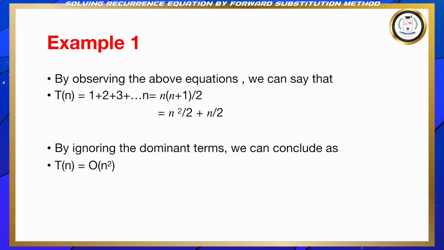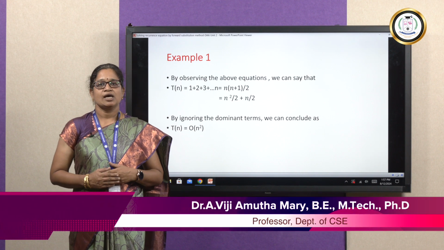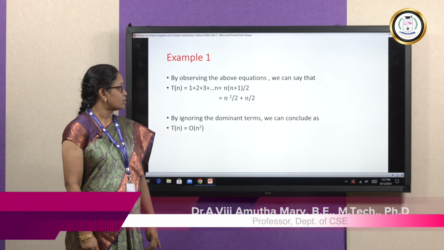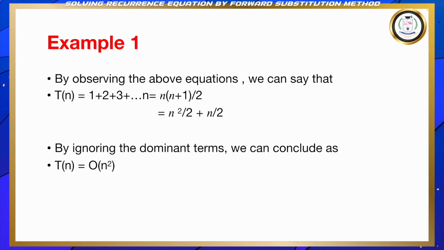That can also be written as 1 + 2 + 3 up to n, that is the sum of the previous terms 1 + 2 + 3 up to n-1 plus the nth term. This is actually the sum of natural numbers and we have the formula n(n+1)/2.